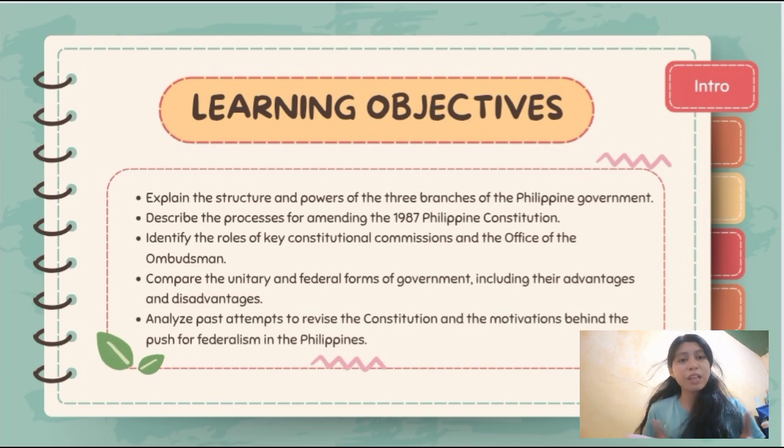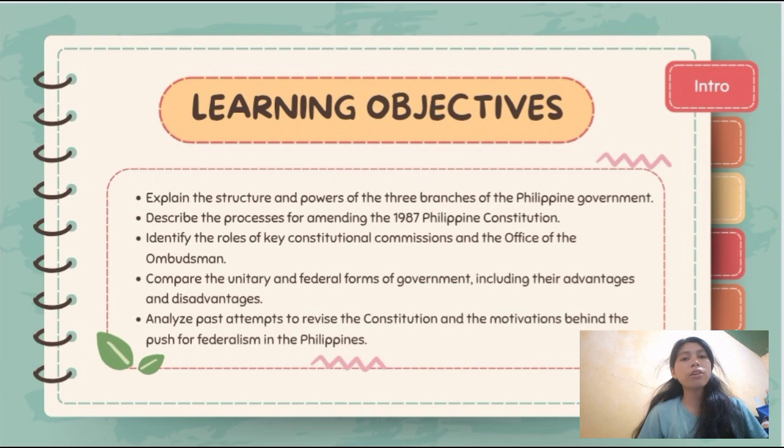So let's have our learning objectives. Explain the structures and powers of the three branches of the Philippine government. Describe the process for amending the 1987 Philippine Constitution. Identify the roles of the constitutional commissions and the Office of the Ombudsman.